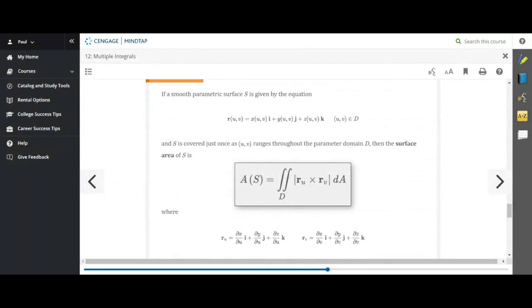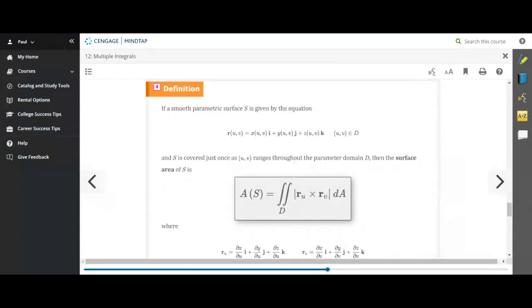Hold on. Let me see if I can move this up just a little bit. So in this definition, if a smooth parametric surface S is traced out by that vector equation r of two parameters u and v, the area of the surface is just the double integral of the length of the cross product of the tangent vectors, dA.